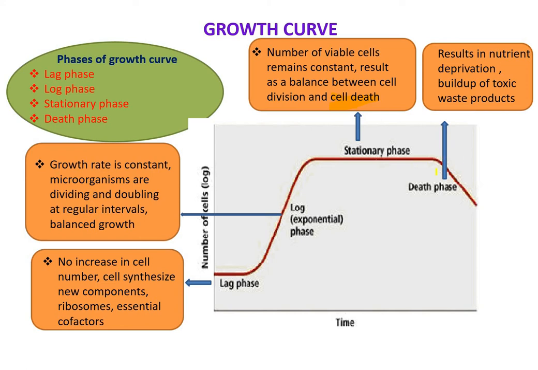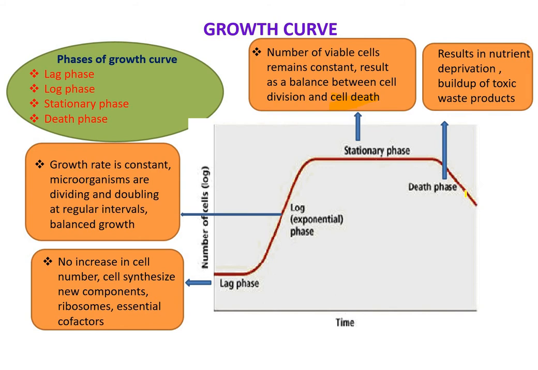In the death phase, the cells become deprived of nutrients, and some cells die. The reason, as I told you first, is that they become deprived of nutrients.